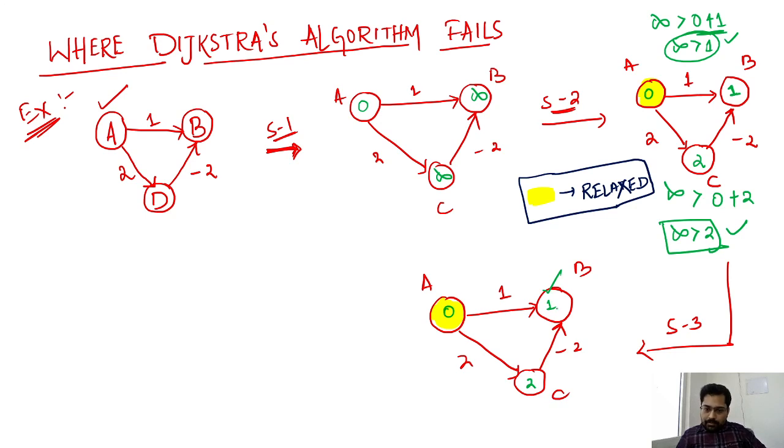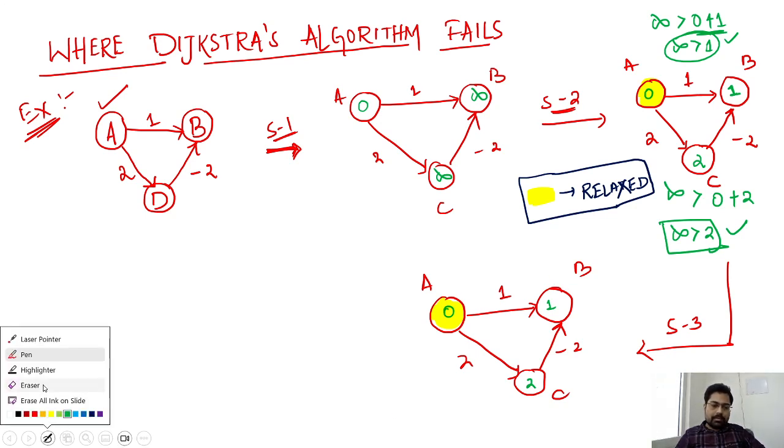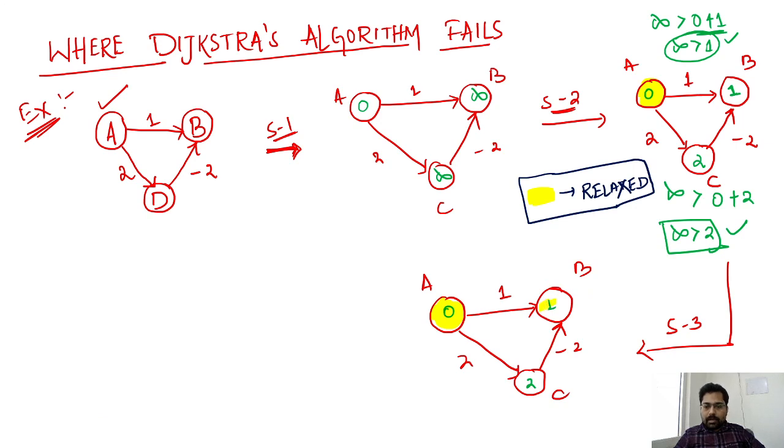For this we found nothing is connected, there is no out degree from B. So even though no out degree is connected, we can say it is relaxed. As I told you, a node will be relaxed one time; even if in future there are many paths connected to the relaxed one, we will not be able to relax it again. Just one time relaxation is done in the algorithm.